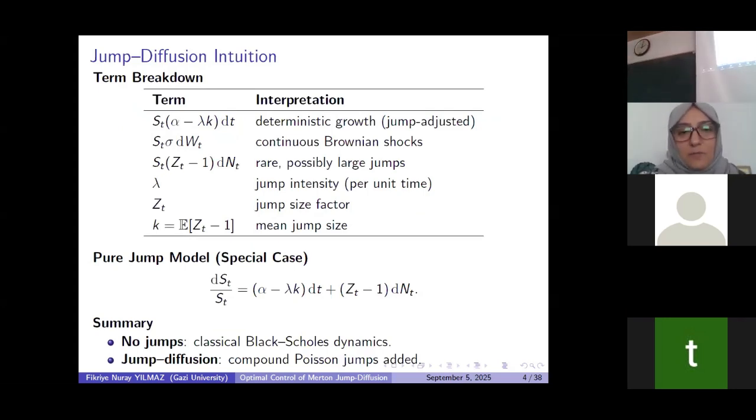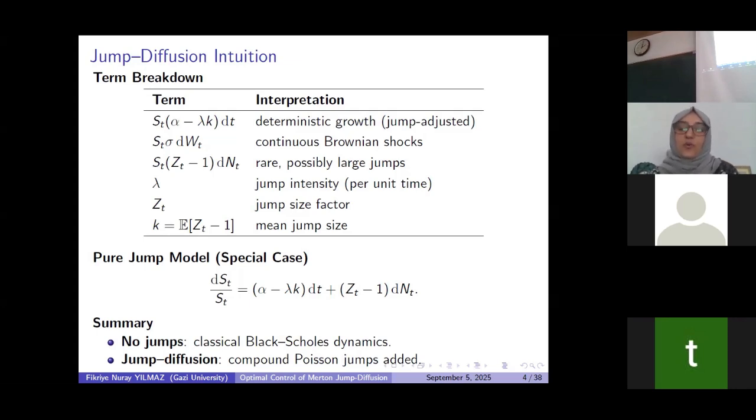And there are some meanings for coefficients. Let me discuss some of them. For example, lambda is called the jump intensity, and Z_t is jump size factor. K is called the expected value of the jump size factor minus 1. It is called mean jump size.